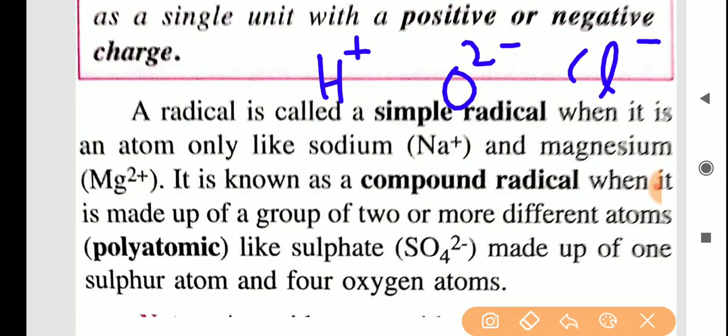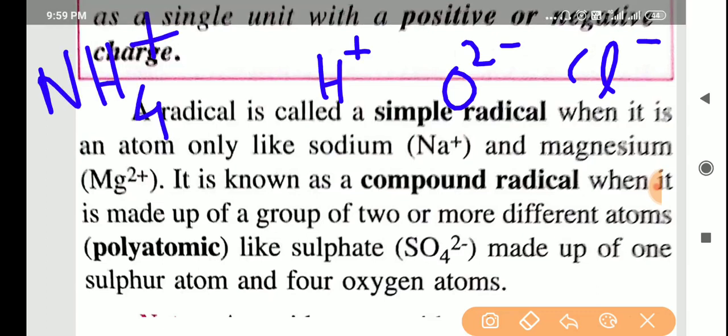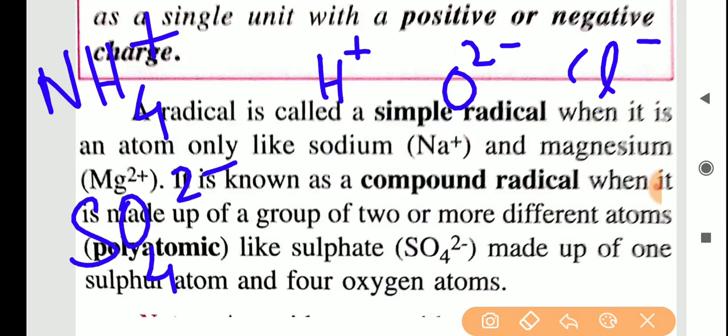Then what is a compound radical? A group of atoms will be present, like ammonium NH4 plus, and SO4 2 minus. You have studied all this in 8th standard. A group of atoms present is a compound radical, and simple radical means a radical containing only a single atom.